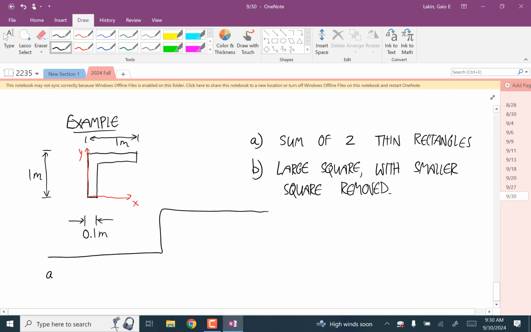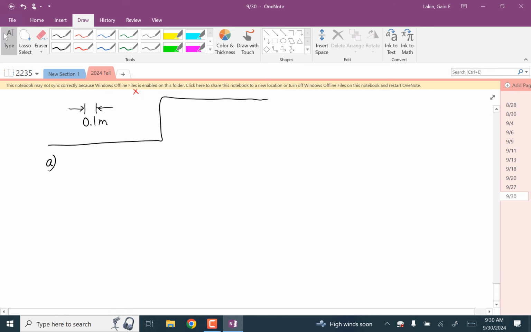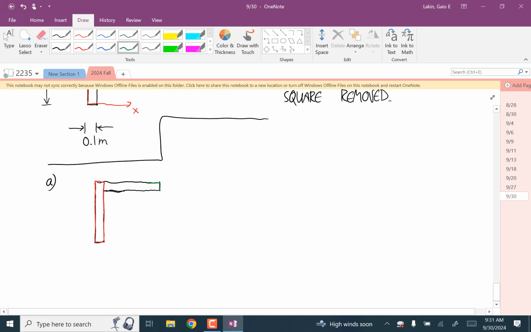So first, let's break it up. I'll break it up into a rectangle like this that goes all the way to the top. You could break it up a couple different ways, but I'll have this red rectangle go all the way to the top, and then this second rectangle is going to be a little smaller.